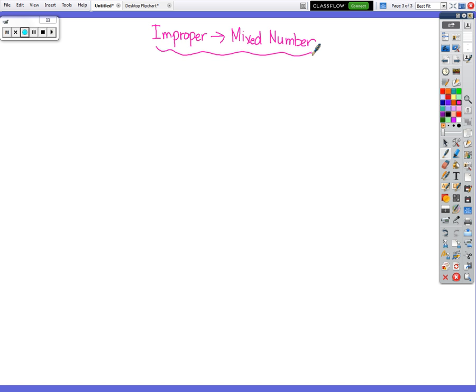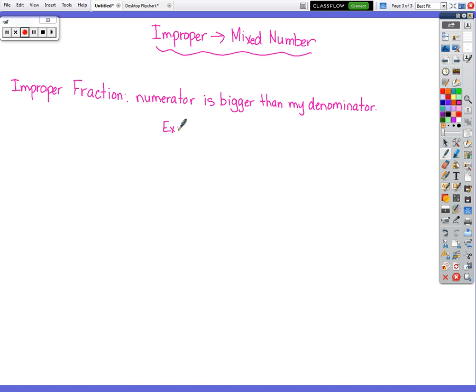So let's start with our first definition, which is an improper fraction. If I have an improper fraction, what that is telling me is that my numerator is bigger than my denominator. An example of this would be 7/4.